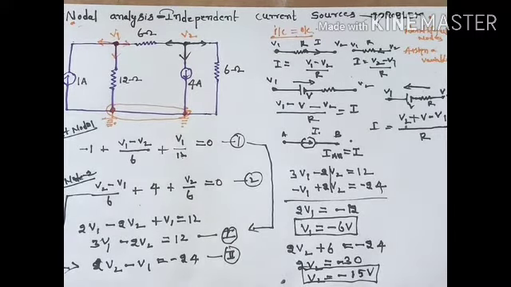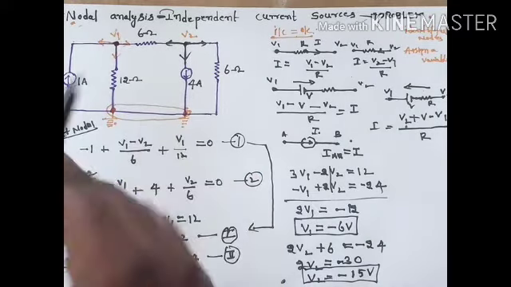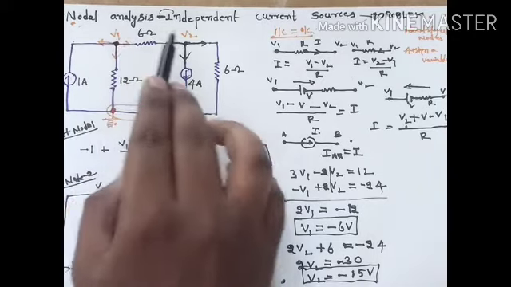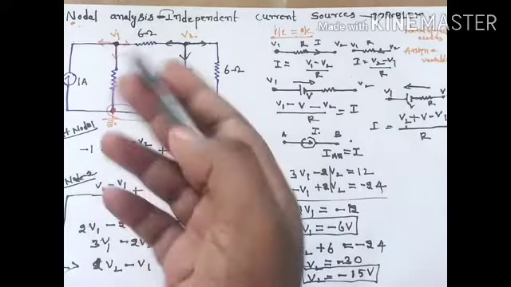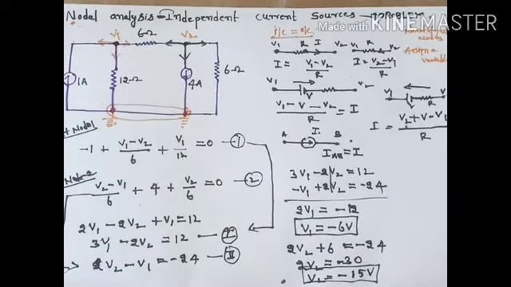Now we have the V1 value and V2 value. If you want to find the current through this branch, that is I1, you can take it as I, that is (V1 minus V2) by 6, which is the current according to Ohm's law, right? So based on that equation we are able to solve.